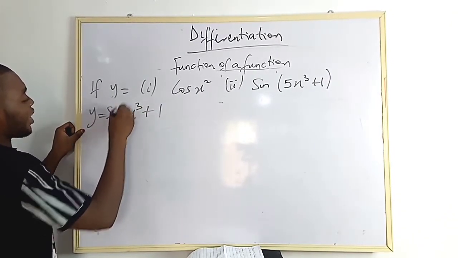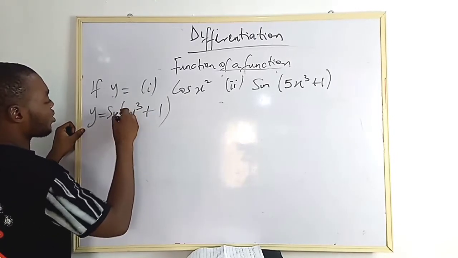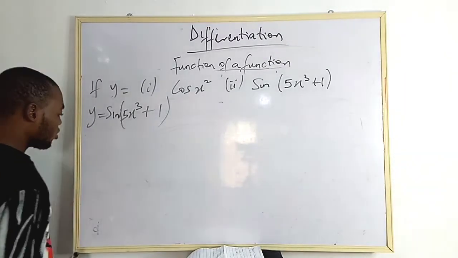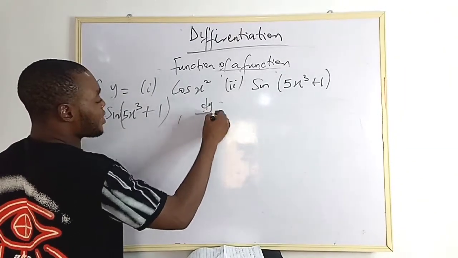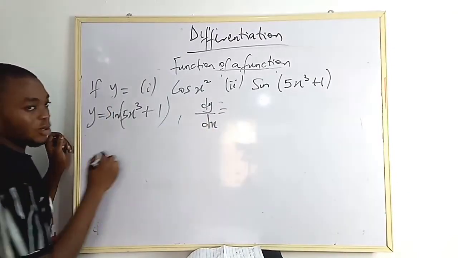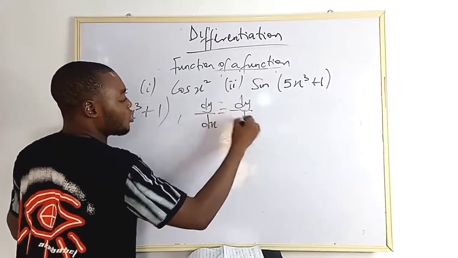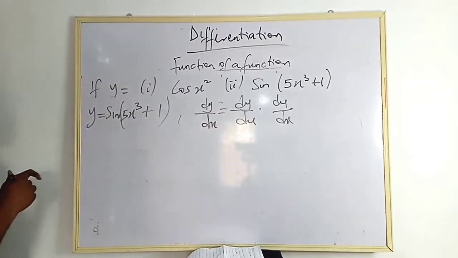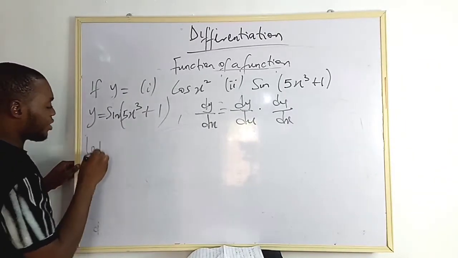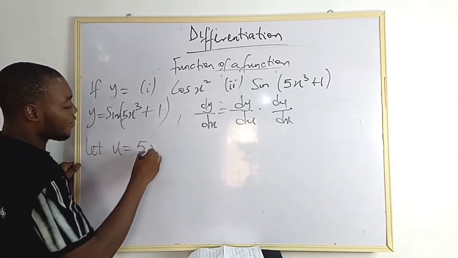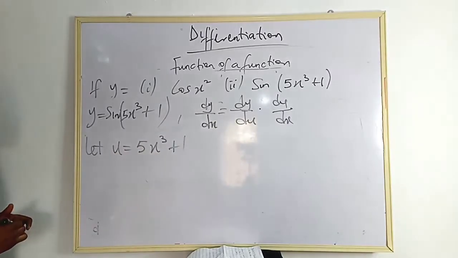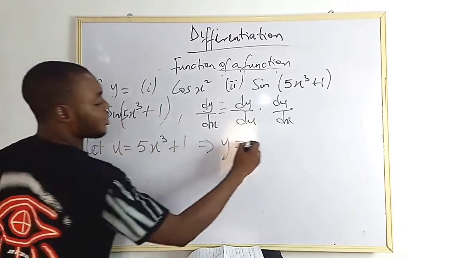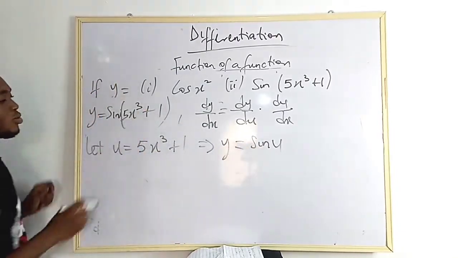If we want to find dy/dx of this, we use the chain rule: dy/dx equals dy/du times du/dx. Let u be equal to 5x raised to the power 3 plus 1. That implies y will be equal to sin u. Just put this u there.